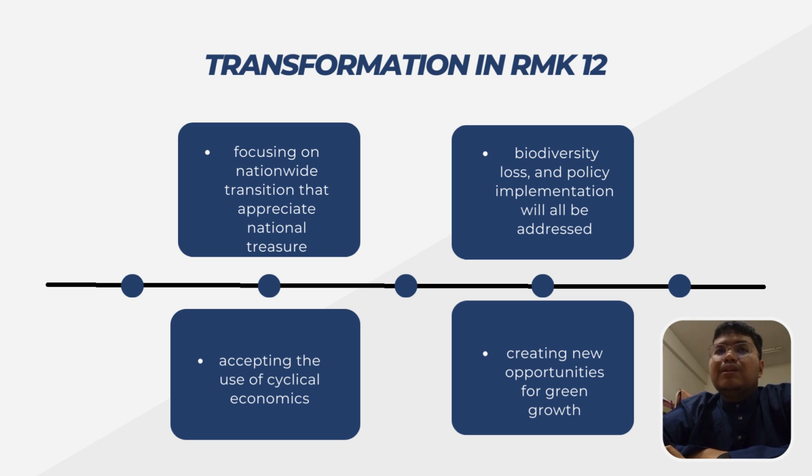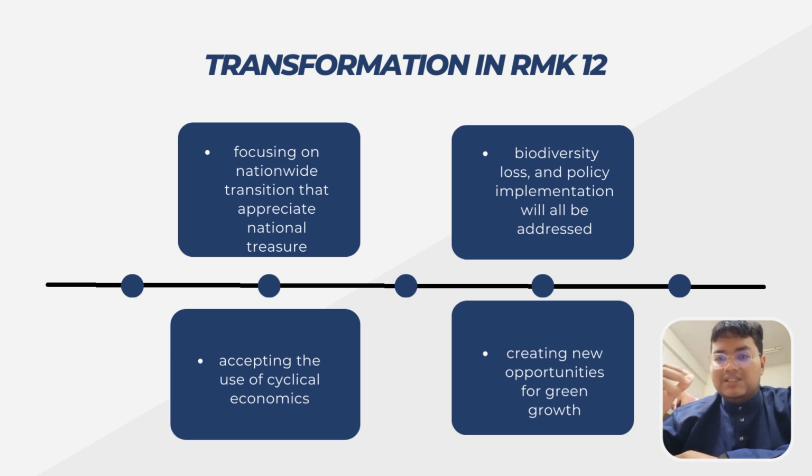So we go to the next part, that is RMK12. RMK12 is the same as RMK11. It is the continuity of RMK11. So firstly, in RMK12, the government wants to focus on a nationwide transition that appreciates national treasure. Second, biodiversity loss and policy implementation will be addressed.